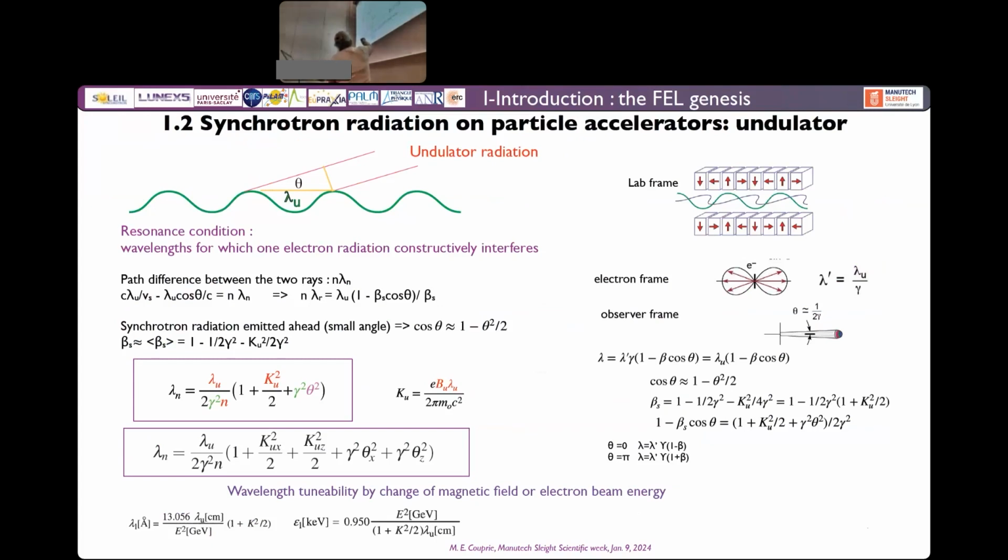From this relationship, we see that we can tune the wavelengths either by changing the magnetic field strength or by changing the electron beam energy. And if I look off axis, I have this gamma square theta square term that we will detail later. We can also find these resonant wavelengths by doing the Lorentz transformation from the electron frame to the observer frame, and so on.